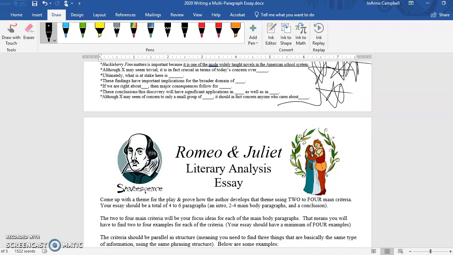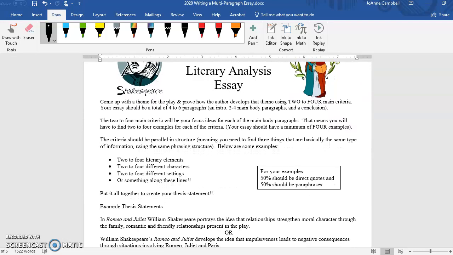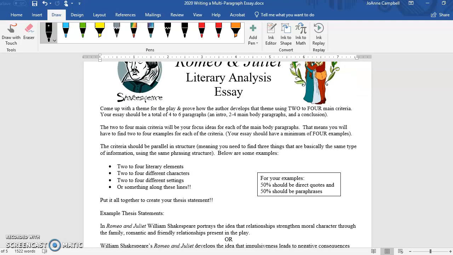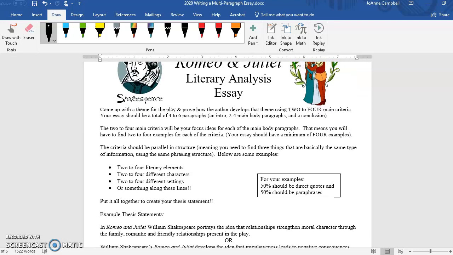Okay, and on to the specifics for the essay itself. So again, like I said, you're coming up with a minimum of 4 paragraphs, and a max of 6. So if you want to go for a 5-paragraph essay, awesome, but the minimum would be 4.